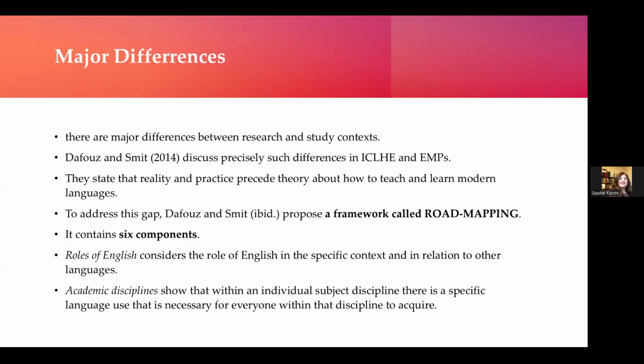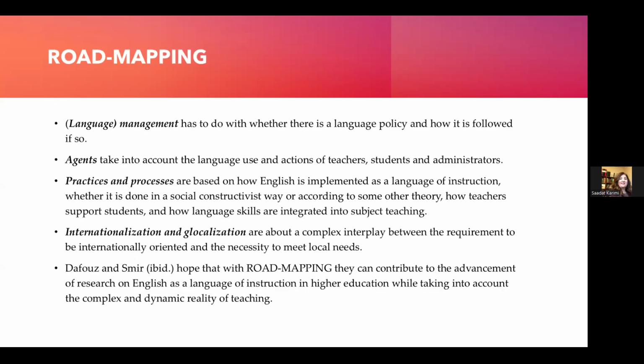Next component is language management. It has to do with whether there is a language policy and how it's followed, if so. Agents is next component. Agents take into account the language use and actions of teachers, students, and administrators.